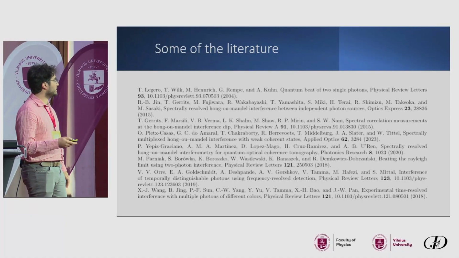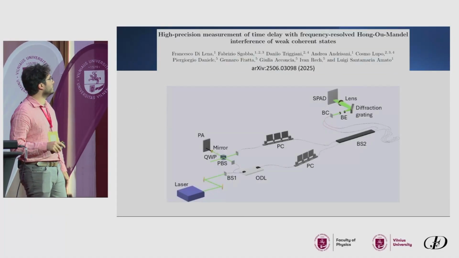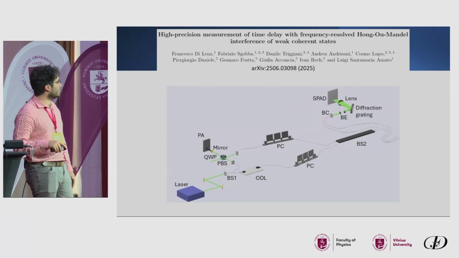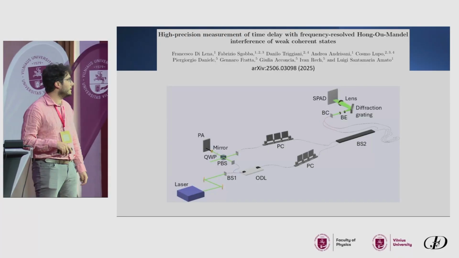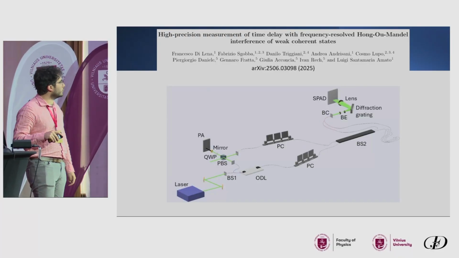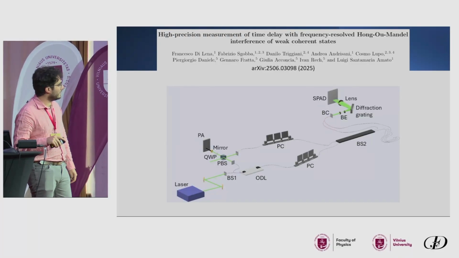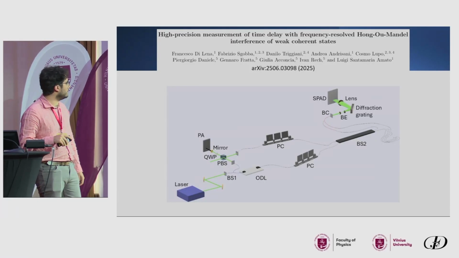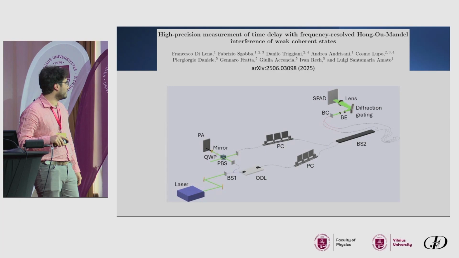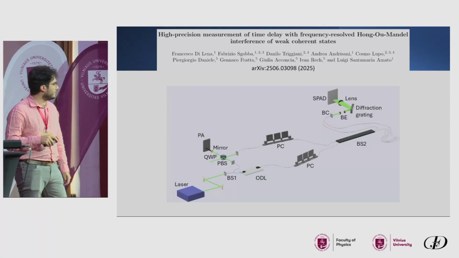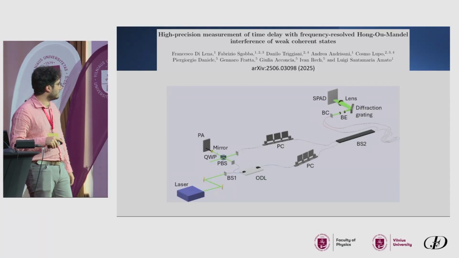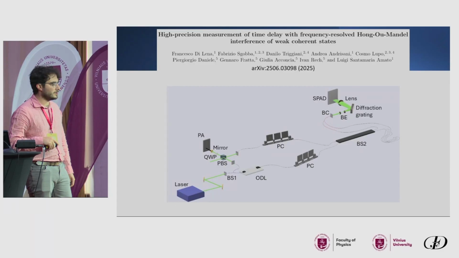So now this is to gain back your attention. I will show you the actual experimental implementation of this protocol. This has been performed by the group working in Matera, Italian Space Agency. Luigi Santamaria Amato is the lead PI, the lead experimentalist. So yeah, the proposal is a bit different from our theoretical proposal because they are using a laser, not a single photon source.